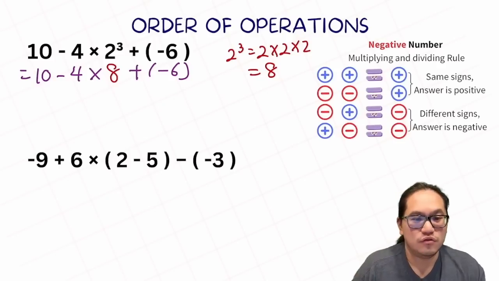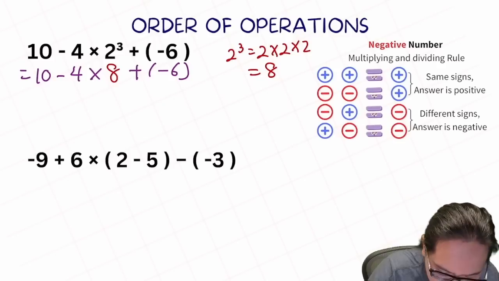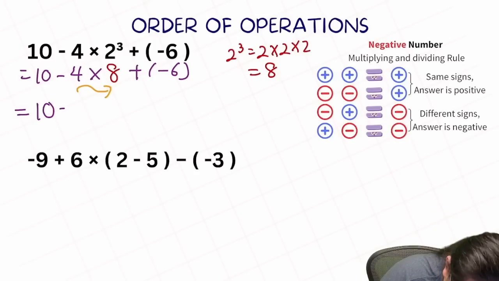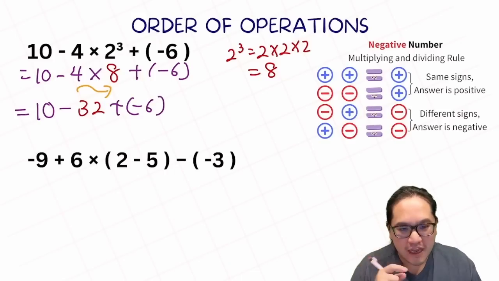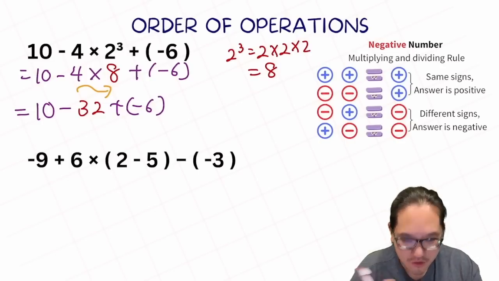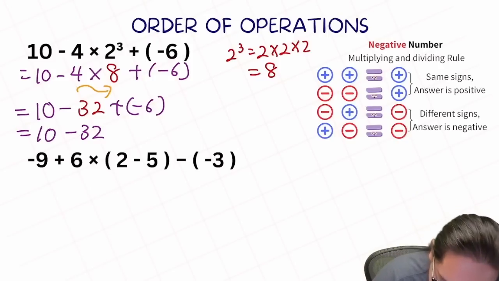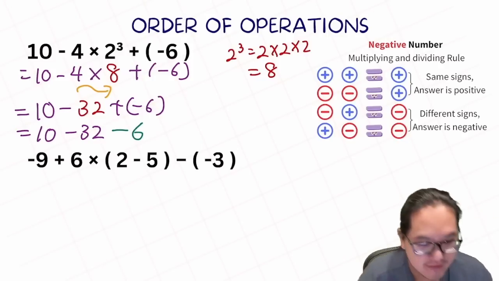So now we'll do multiplication and division, right? So we need to take care of 4 multiplied by 8. So what is that? 10 minus 32 plus -6. So now we know that with a negative number next to addition, we need to convert that, right? 10 minus 32, adding a -6 is equal to minus 6, right?